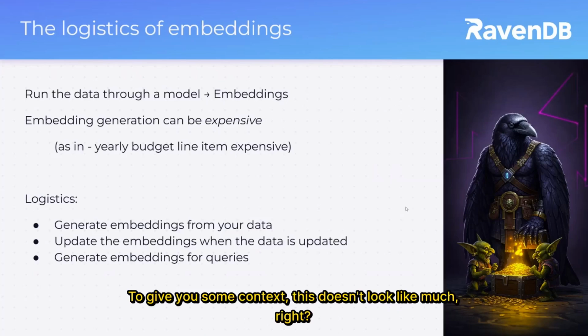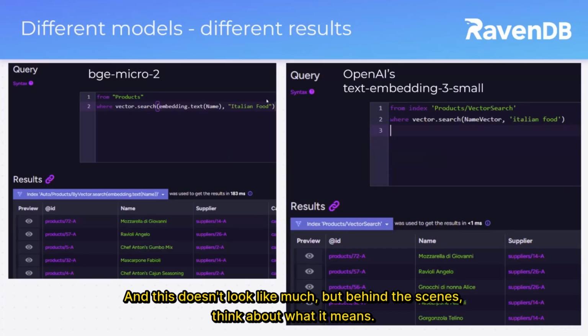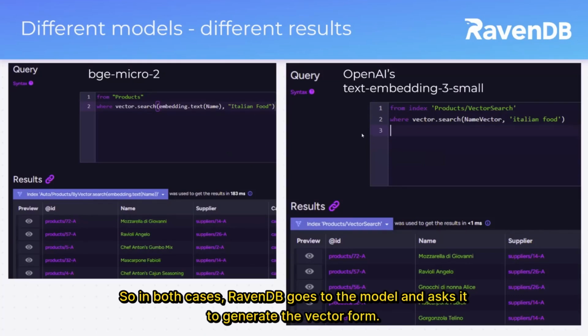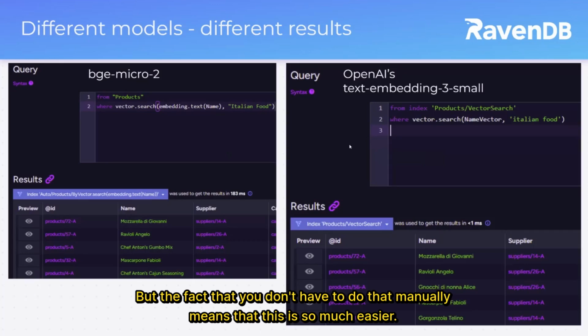To give you some context, this doesn't look like much, right? And this doesn't look like much, but behind the scenes, think about what it means. I'm giving you a text, I'm not giving you a vector. So in both cases, RavenDB goes to the model and asks it to generate the vector form. Now, it's something that you have to do, obviously. But the fact that you don't have to do that manually means that this is so much easier.